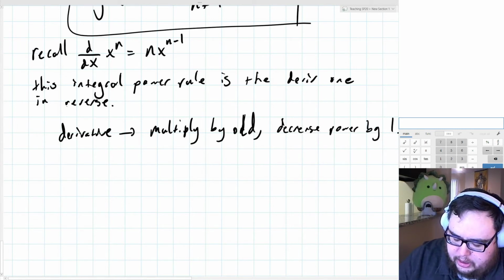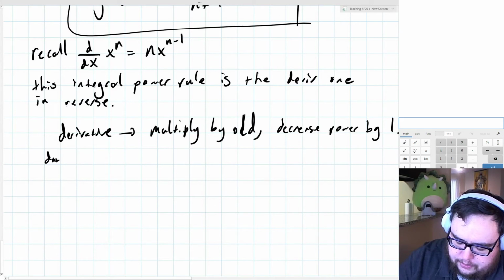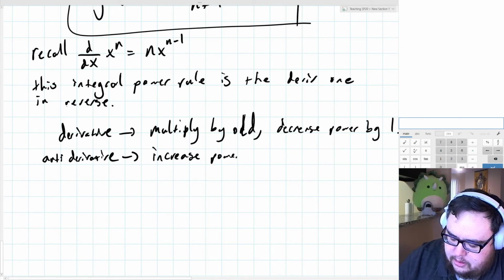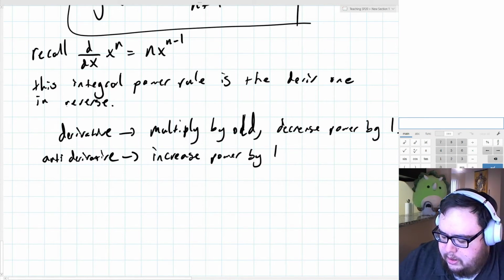So for the antiderivative, you increase the power by 1, then divide by the new power.